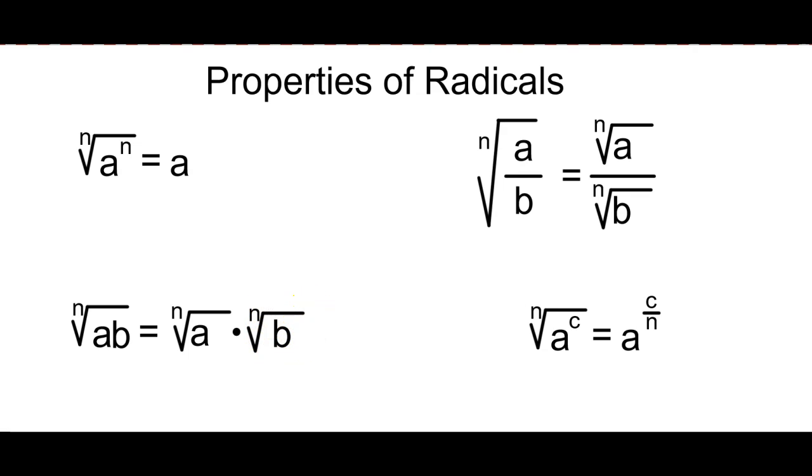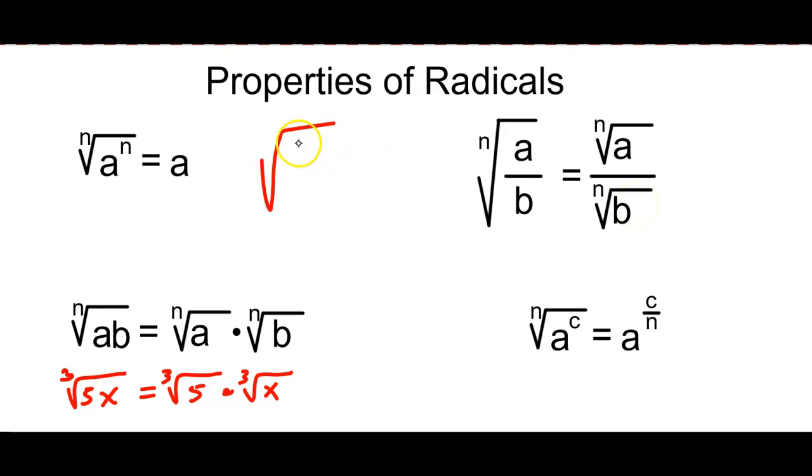Like if you had the cubic root of 5x, that's the same thing as the cubic root of 5 times the cubic root of x, if you need to. Likewise over here, if you're taking the nth root of a fraction, you can break that fraction up, and sometimes that's helpful. So if I was taking the square root of 16 over x squared, I can rewrite this as the square root of 16 over the square root of x squared and simplify from there.